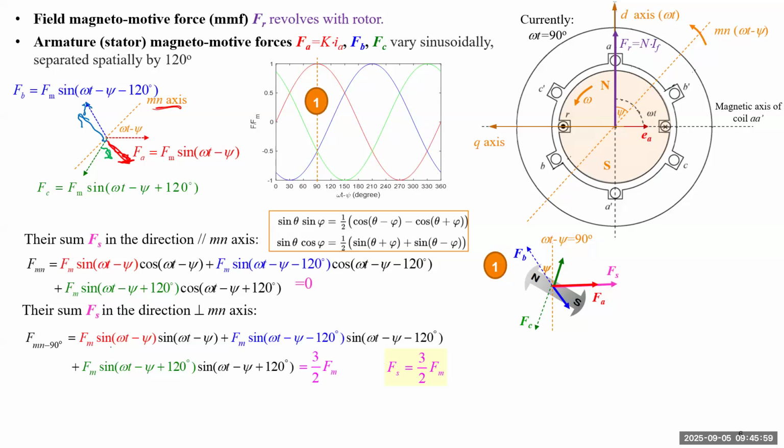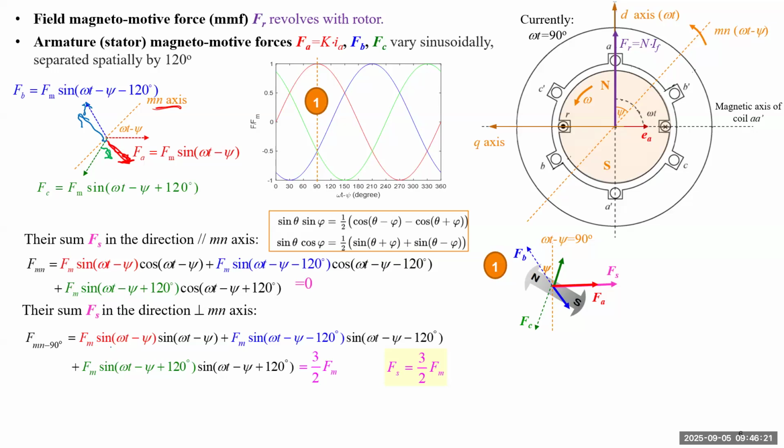If this is 90 degrees, we keep the directions of FA, FC, FB the same. We don't change those directions, but we determine the length of each arrow based on this figure. At 90 degrees, FA reaches the maximum value, so you have the full length for this vector.